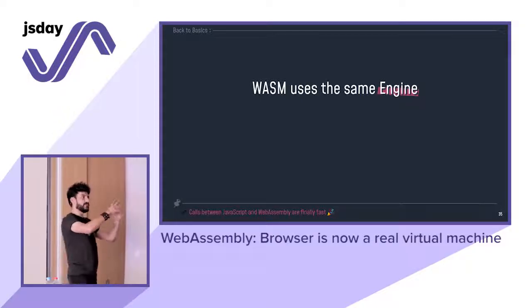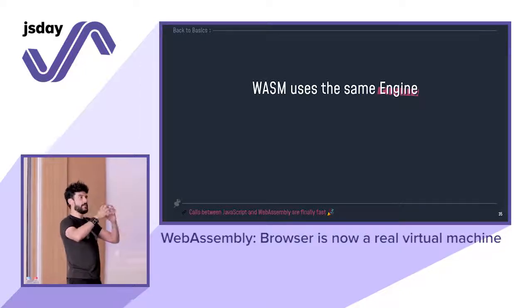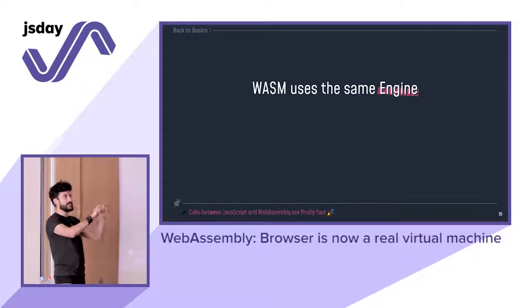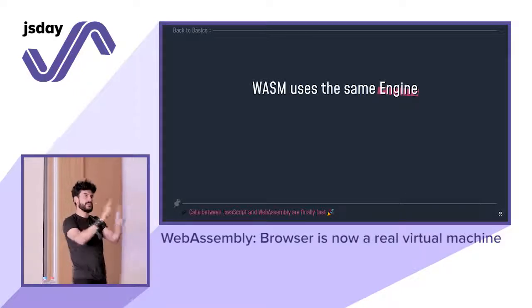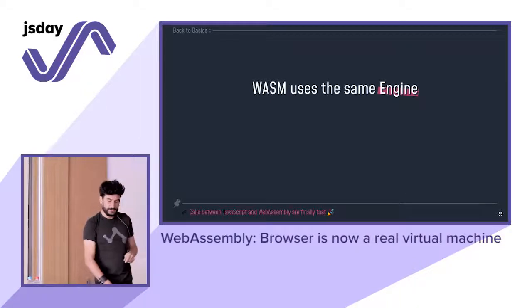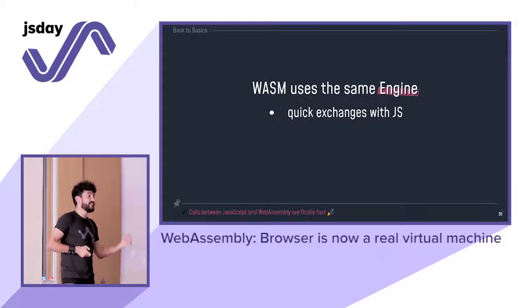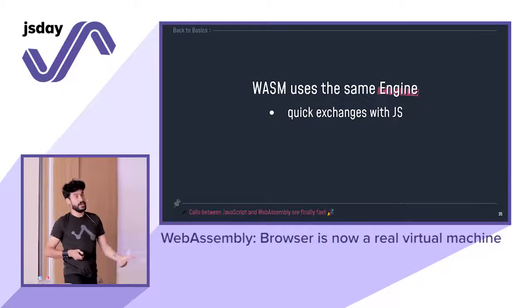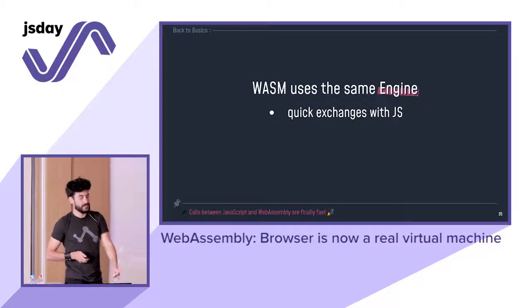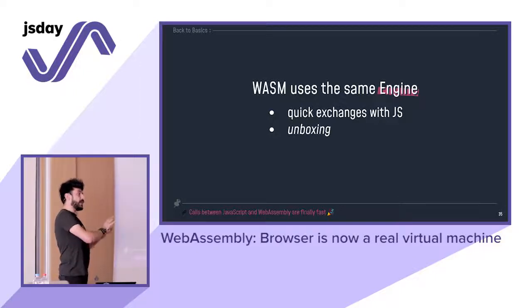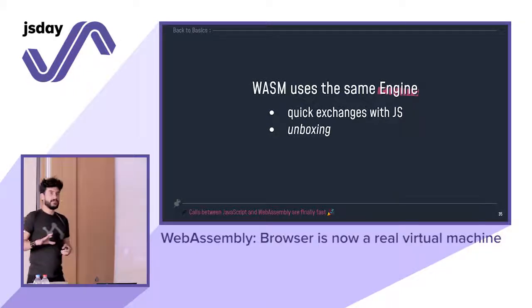So web browser implementers merged them into a single virtual machine. And this can pass instructions directly between JavaScript and WebAssembly. So it allows quick exchange. It's really fast between JavaScript calls and WebAssembly calls. It does unboxing directly inside your code.